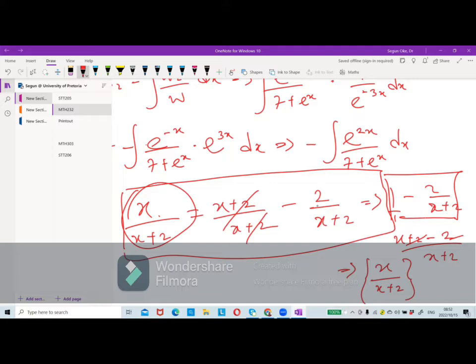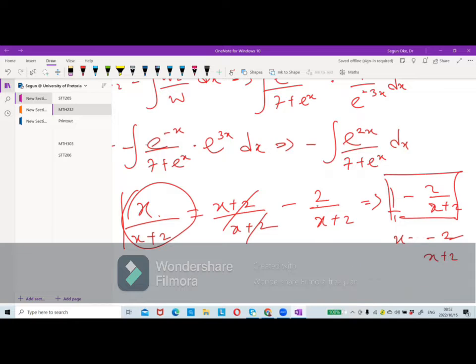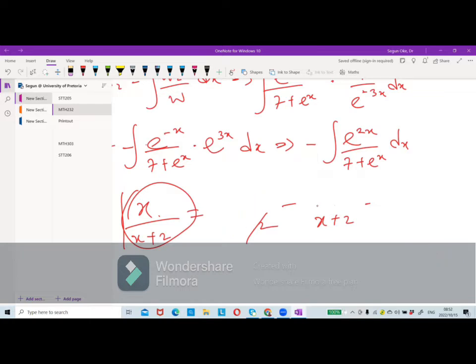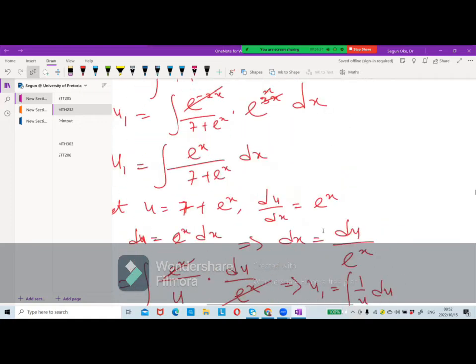Are we together now? No, sir. Okay, let me explain again. Remember, we need to break it down for us to integrate. We are not integrating yet. Yes, sir. Are we on the same page? Yes, sir. We're not integrating. Let me explain. Now, we cannot break this one down because they are not canceling out the way this one did.